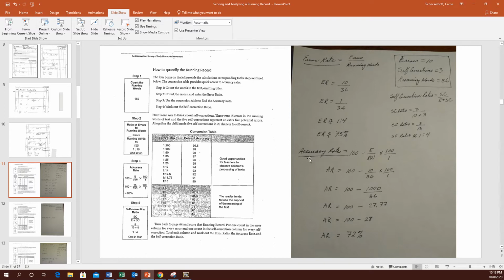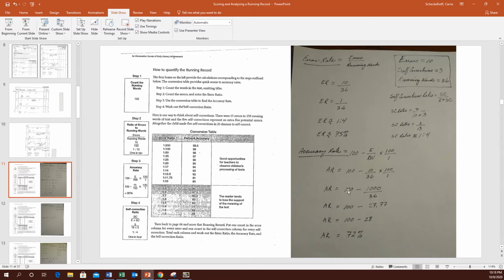If you wanted to calculate the precise percentage accuracy, here's the formula for percentage accuracy. You're going to take 100, and then you're going to subtract errors over running words times 100. So I've got my error rate equals 100 minus 10 errors over 36 words times 100.